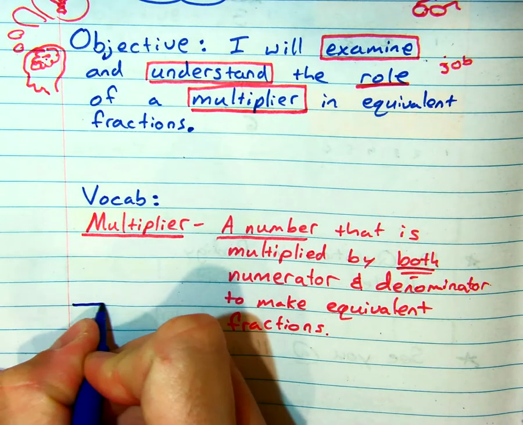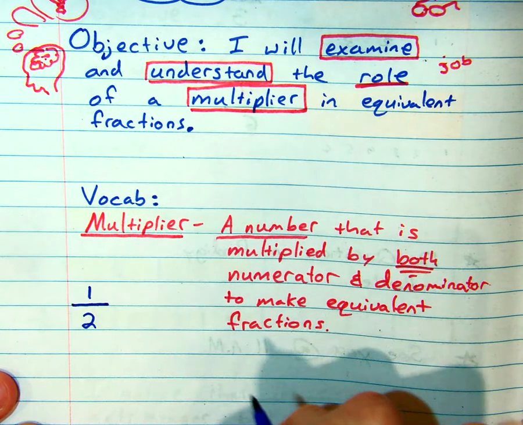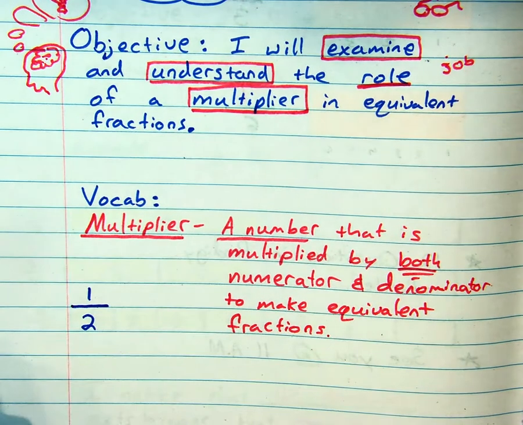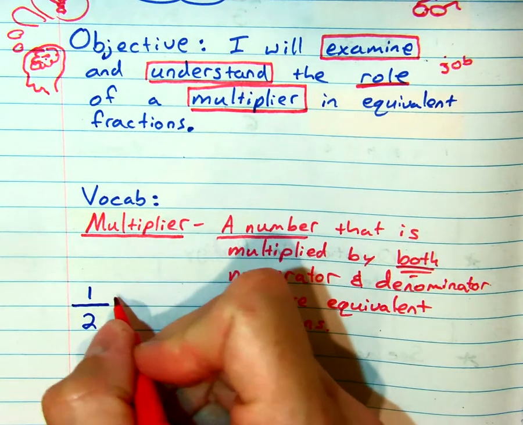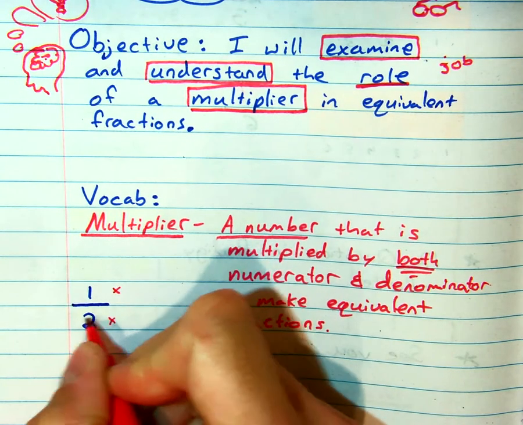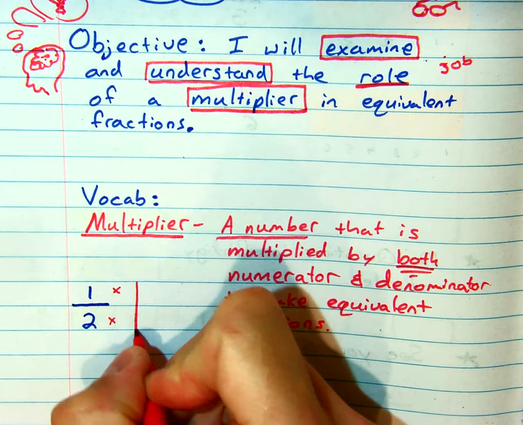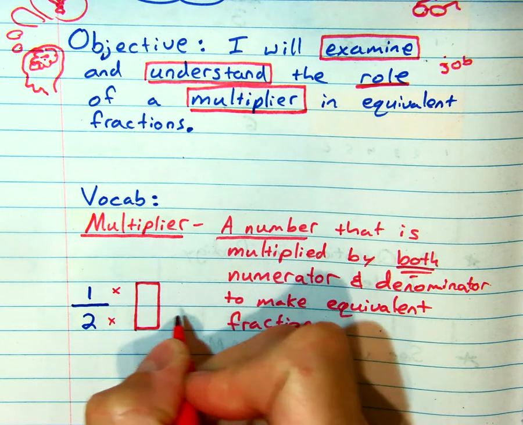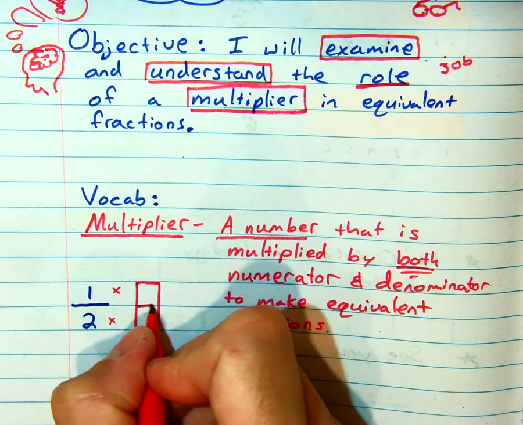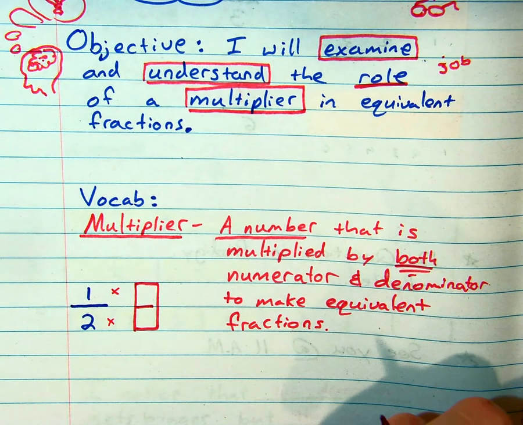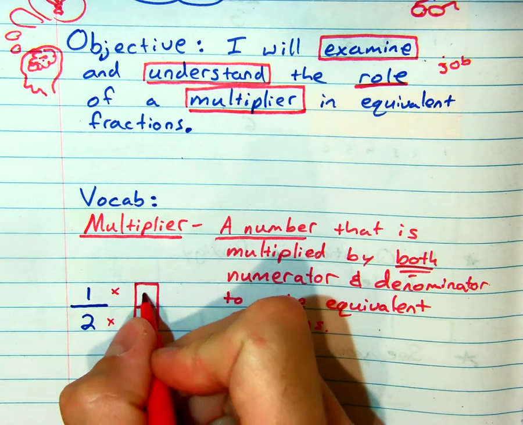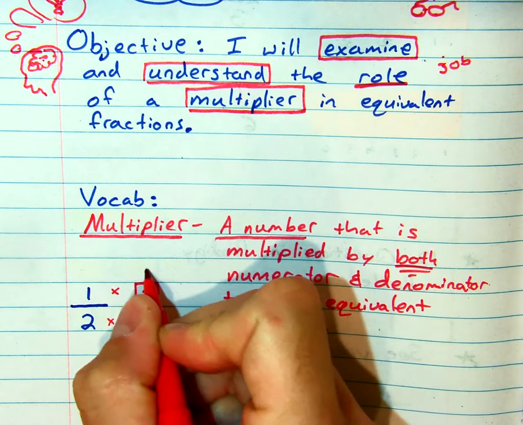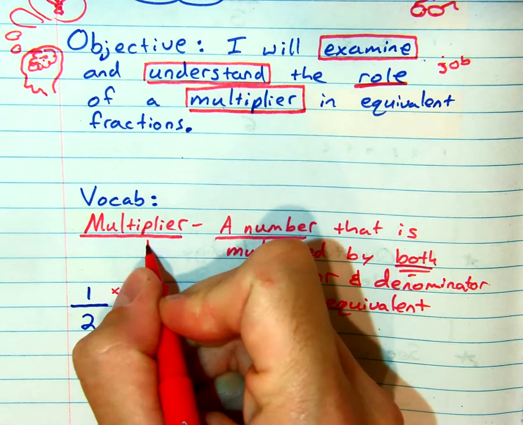So let's come up with a very simple fraction. Let's use 1/2. We are going to multiply both the numerator and denominator by a single number. Let's pick 3. We'll make 3 our multiplier. Draw an arrow to it.